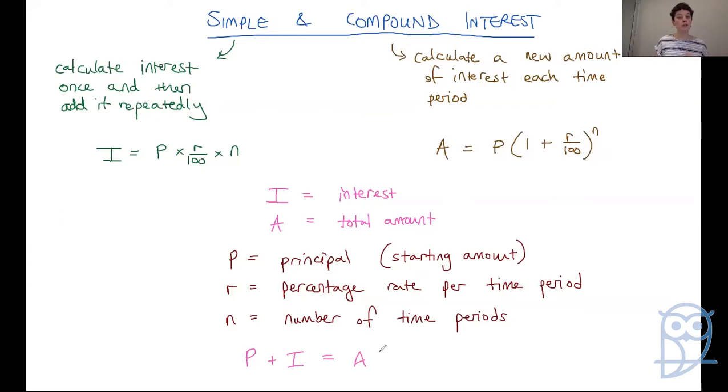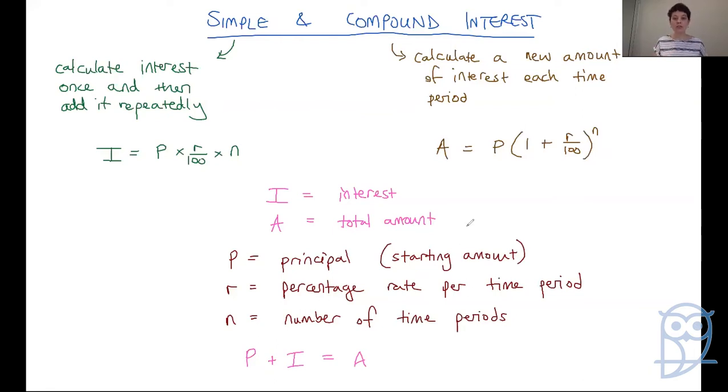So if you're working with simple interest but you want the total amount, you're going to have to do an addition. If you're working with compound interest and you want the amount of interest that they've earned, you're going to have to do a subtraction.